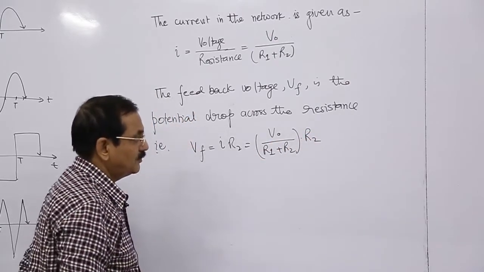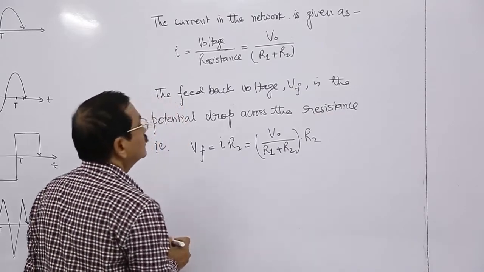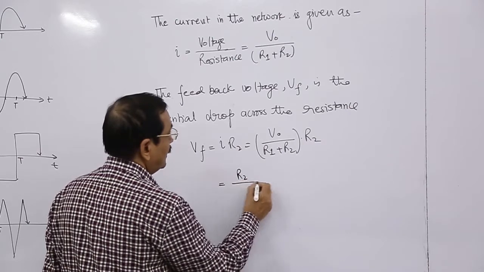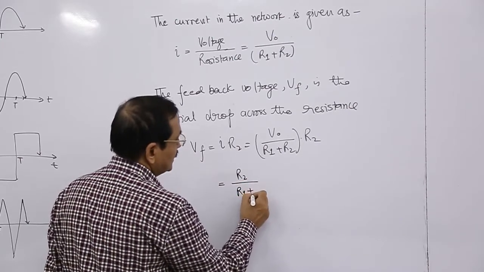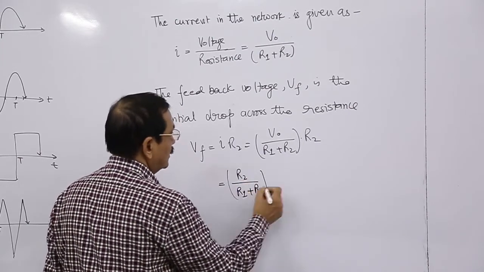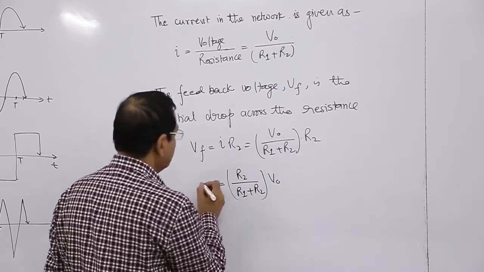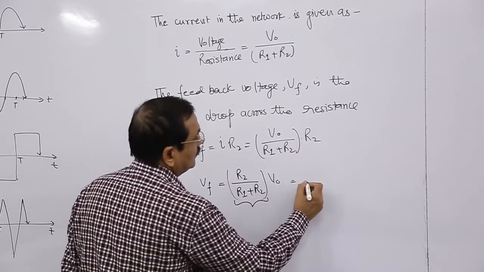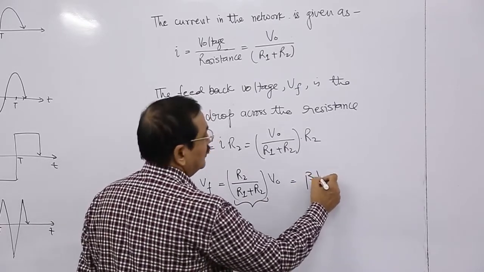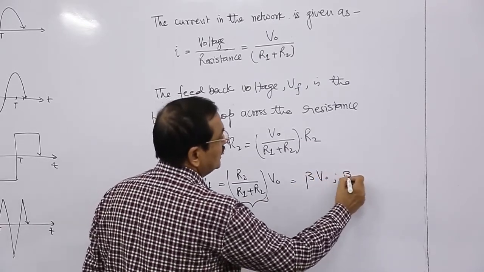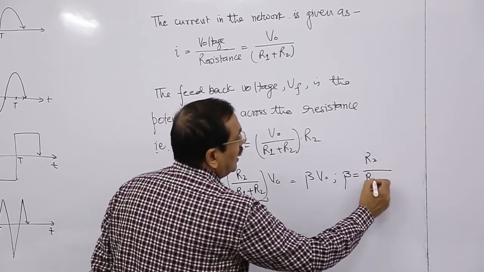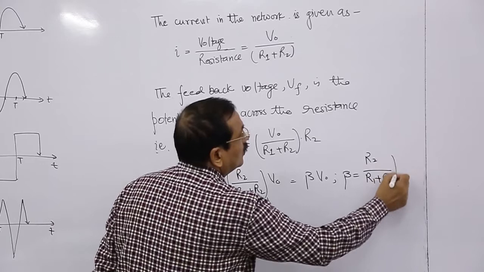So this is R2 upon R1 plus R2 into V0. This is Vf. This quantity is beta, and say this beta is equal to R2 upon R1 plus R2.